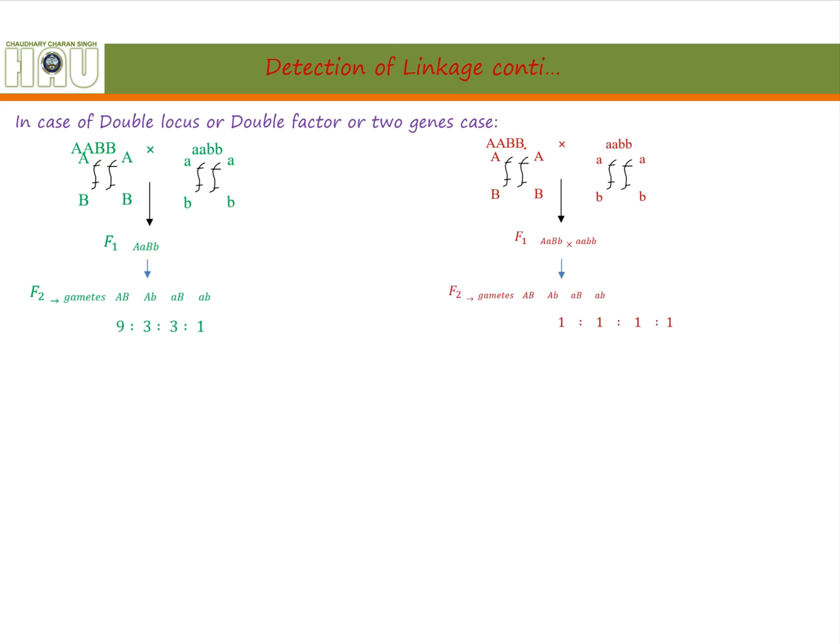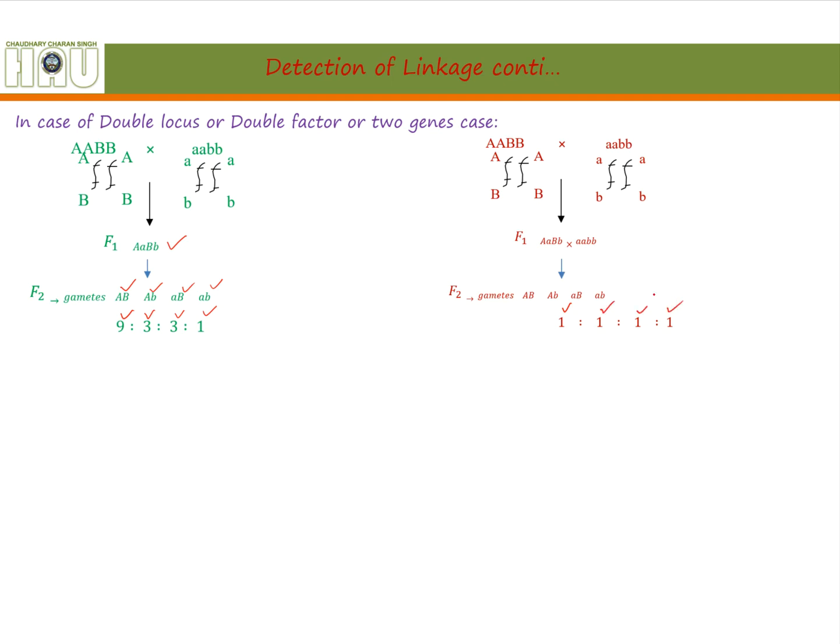Or this cross may be like this: capital A, capital A, capital B crossed with this. So in F1 you will get this ratio, and in F2 gametes are produced, these four classes in a ratio of 9 is to 3 is to 3 is to 1. But in case of back cross, the ratio is 1 is to 1 is to 1 is to 1.